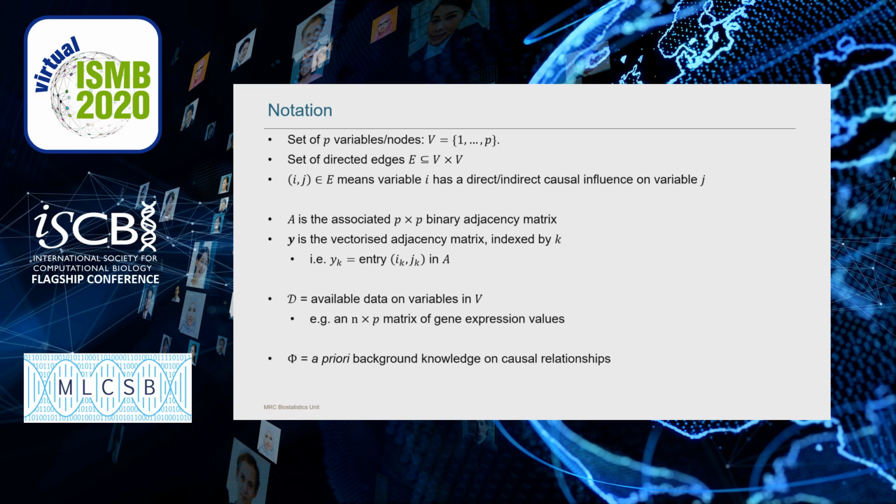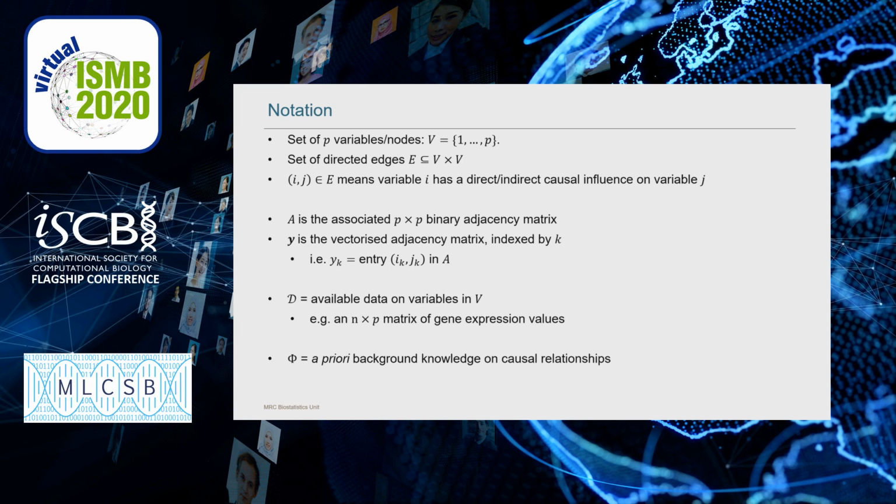We then have a matrix A, which is the p by p binary adjacency matrix for the network, and then a vector Y, which is simply the vectorized adjacency matrix, which we index by k. So y_k corresponds to a particular entry, i_k j_k, in the adjacency matrix.